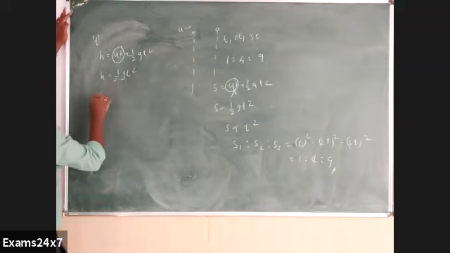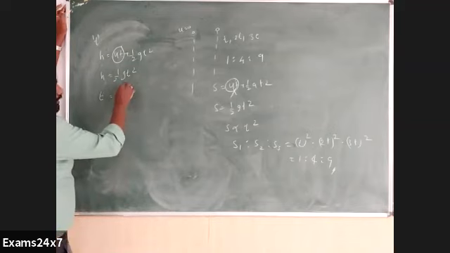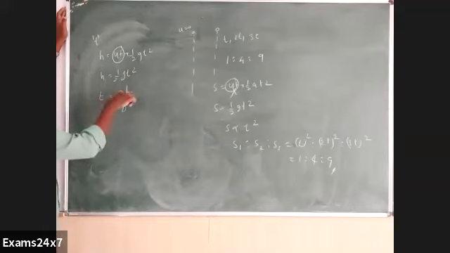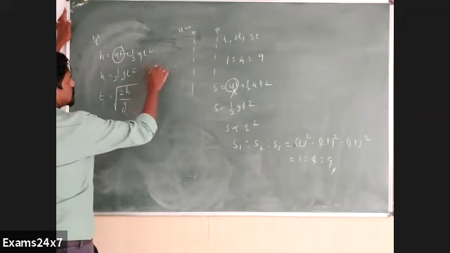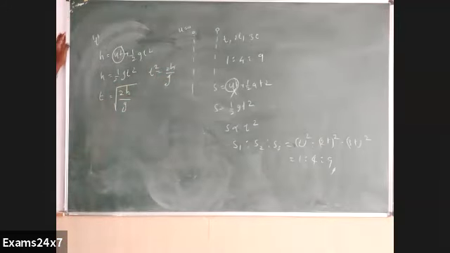From this, t square is equal to 2h by g, or t is equal to root of 2h by g. Time taken to travel a displacement h. Yes or no? Got it?